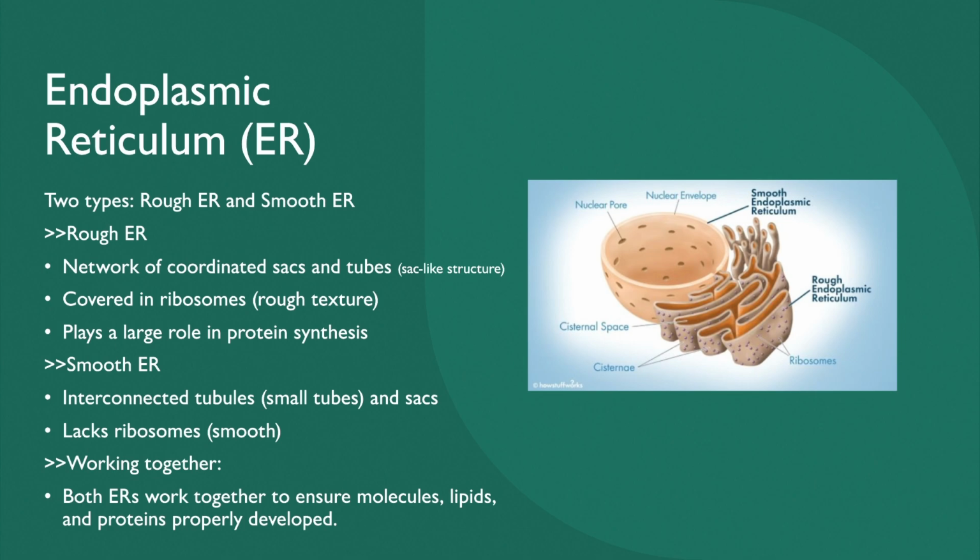The second kind of ER is the smooth ER. The smooth ER is a system of interconnected tubes and sacs within the cell that lacks ribosomes, which gives it a smooth appearance. The smooth ER synthesizes lipids, steroids, and carbohydrates, and detoxifies harmful substances. Together, the rough and smooth ER work as necessary parts of the cell to ensure molecules, lipids, and proteins are properly produced, modified, and transported.